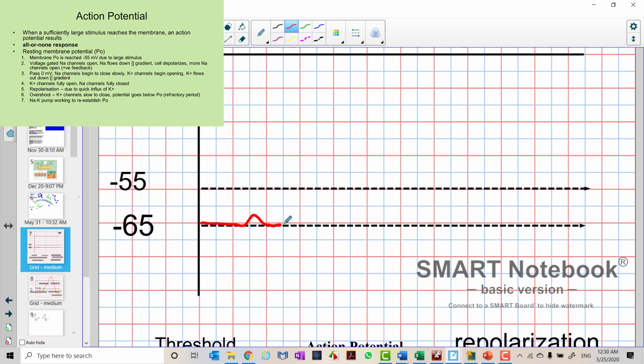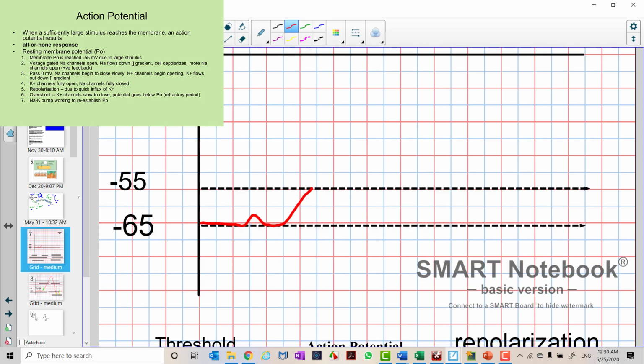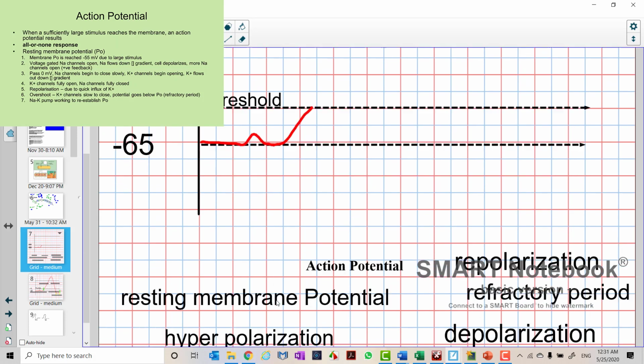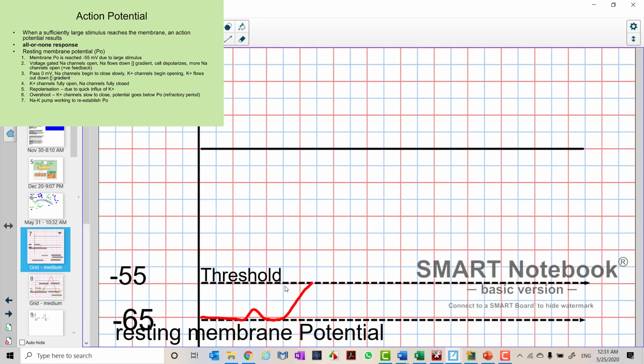But then along comes a stronger stimulus that causes enough sodium to come in for the membrane potential to reach -55. At -55, known as threshold potential, every single sodium channel in that region opens up.